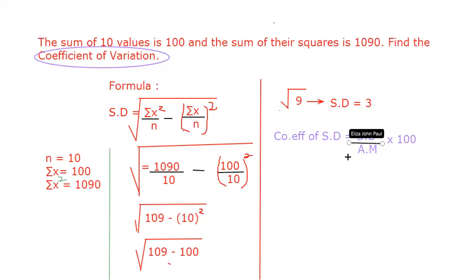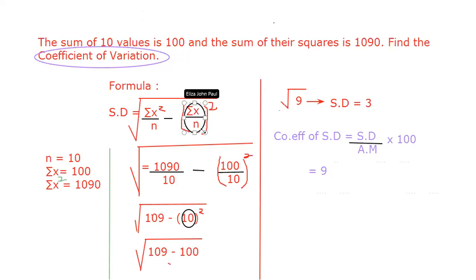Our standard deviation is 3, and our arithmetic mean, as already discussed in the previous problem, is 10.